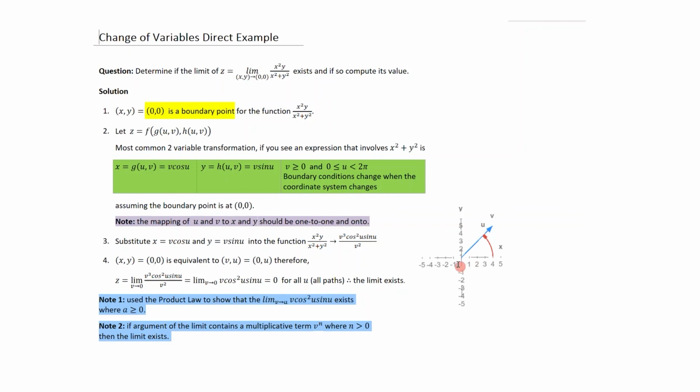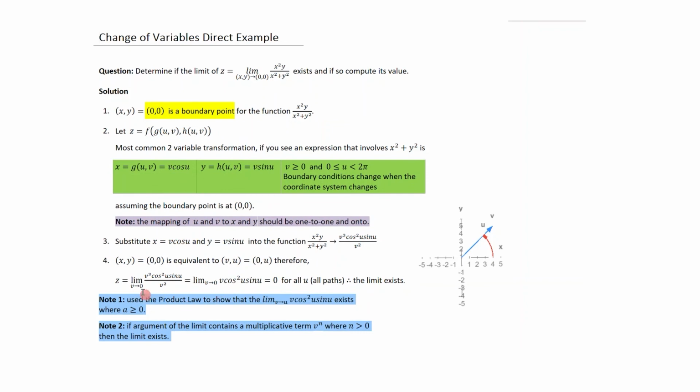So u would be the argument of the cos and the sine, in a counterclockwise direction, making a full circle from 0 to 2 pi. v is along this radius, which is the length, which is this v that you see here. So this is a diagrammatic way of showing the relationship between x and y and u and v.